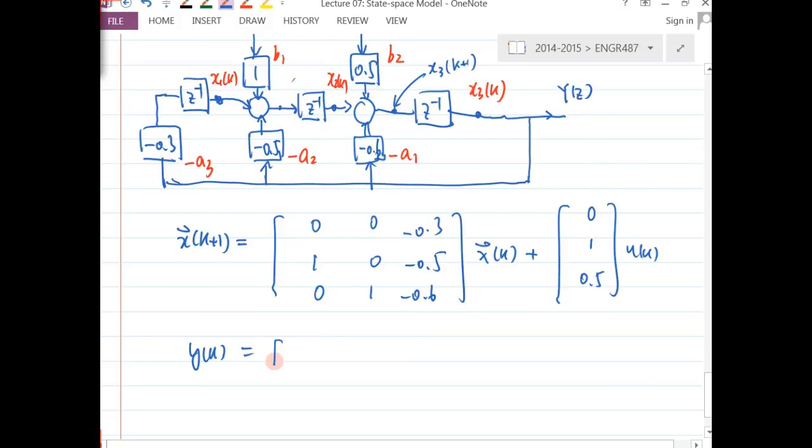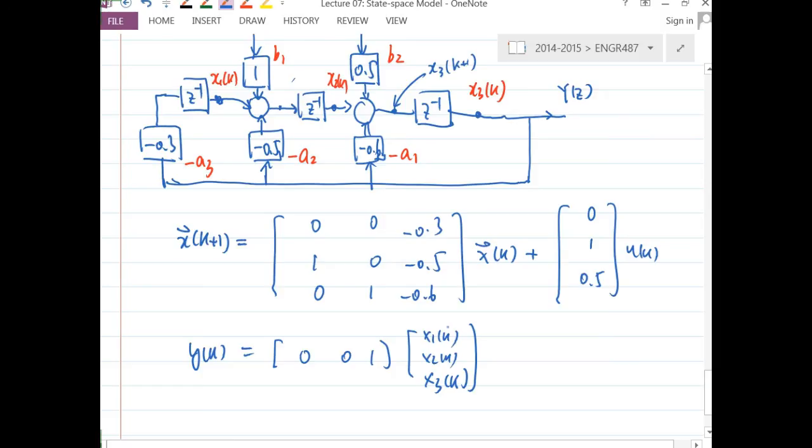So y of k is 0, 0, 1, times x1 of k, x2 of k, x3 of k. And that's the state space model for this so-called observable canonical form. Is that good? Okay.